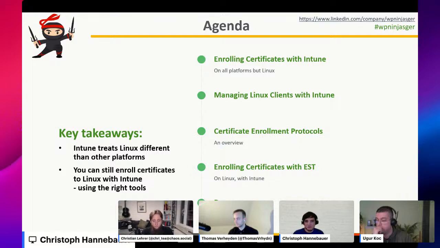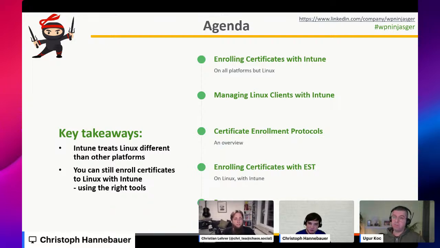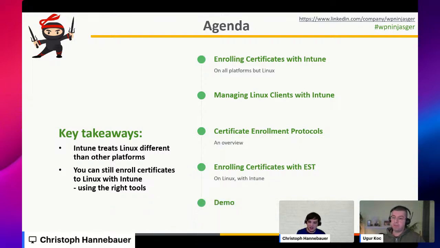Then we will have a look at how we can manage Linux clients with Intune and how we can hopefully apply the certificate distribution methods that we have on the other platforms to Linux. As a spoiler, it won't work so easily. So we'll have a look at alternative enrollment protocols, and finally, I'll show you a way how to do it with EST.